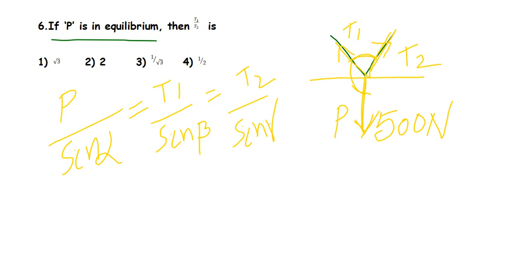Like this, the force T1 and the angle between the remaining two forces is constant, and T2 and the angle between the remaining two forces is constant.